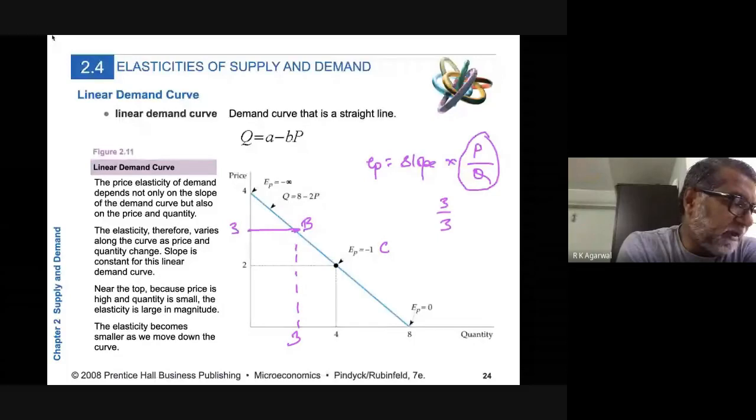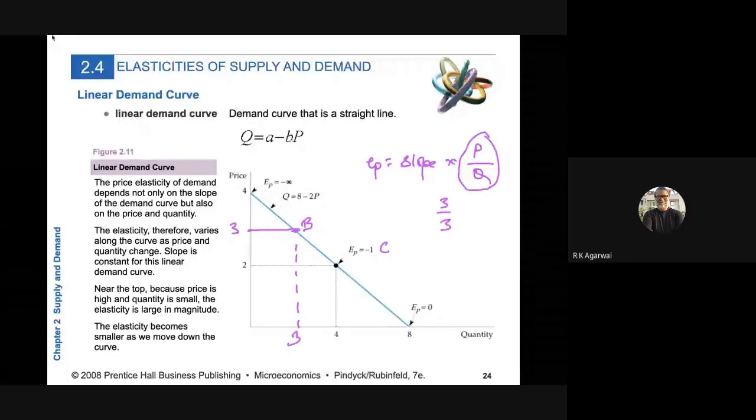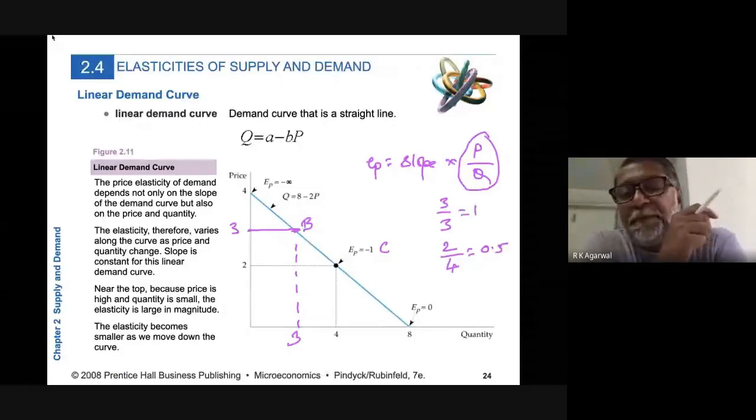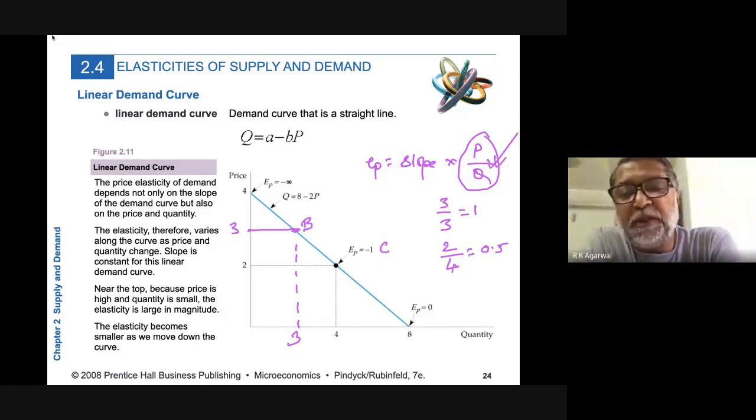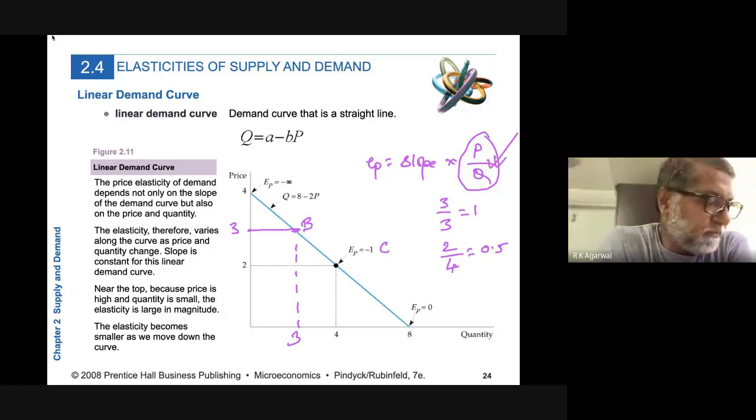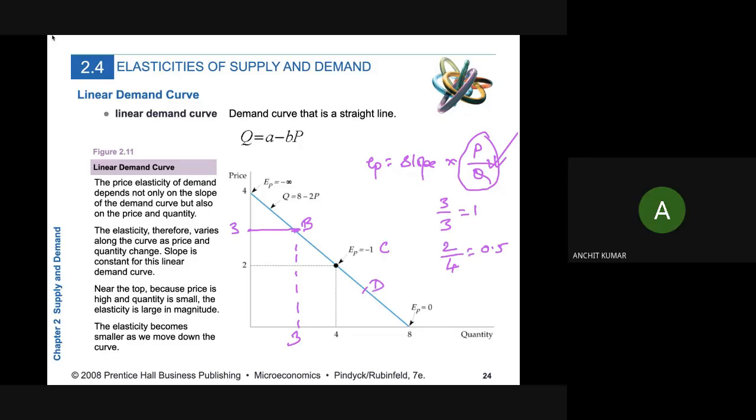So this is 0.5, this is 1. So if you go along this curve, the ratio P to Q will change. What will happen to the slope if you go from B to C or from C to D? It will remain the same.